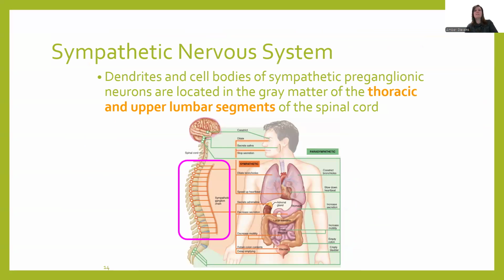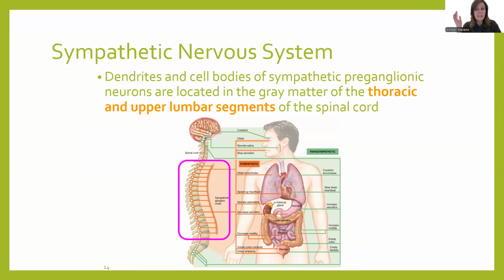All right, so back to the sympathetic nervous system. We have the dendrites and the cell bodies of the sympathetic preganglionic neurons, which are located in the gray matter of the thoracic and upper lumbar segments of the spinal cord. The structure of the sympathetic nervous system is also referred to as the thoracolumbar system.